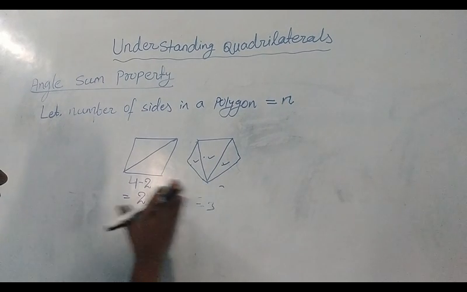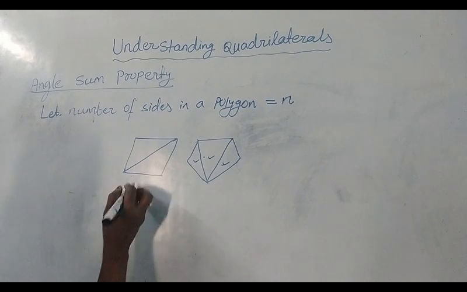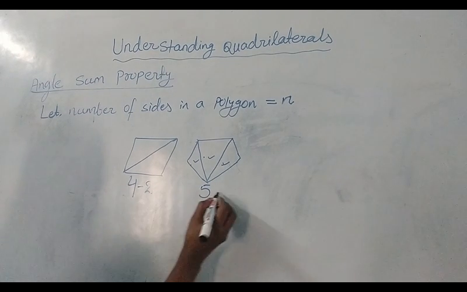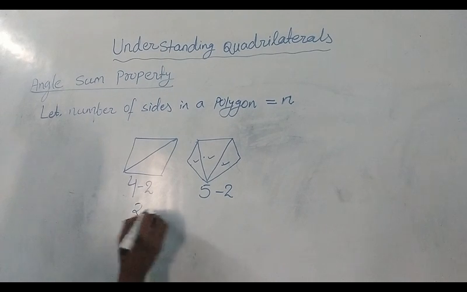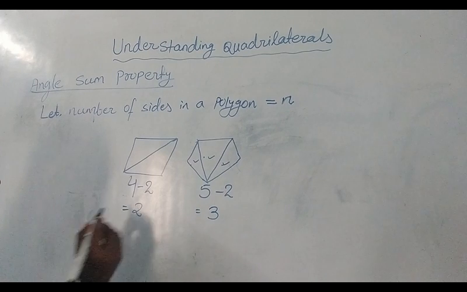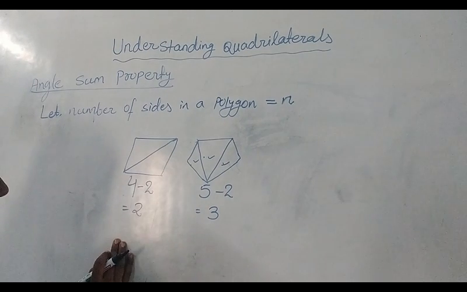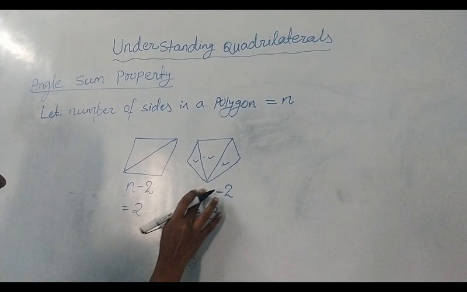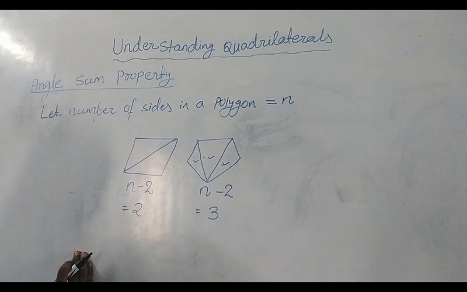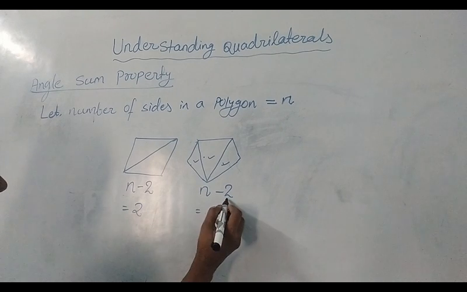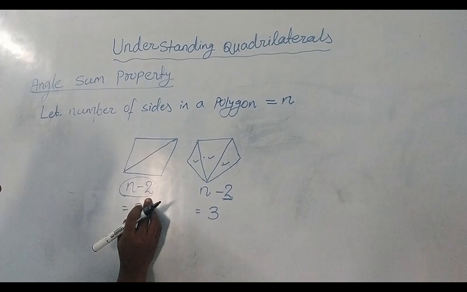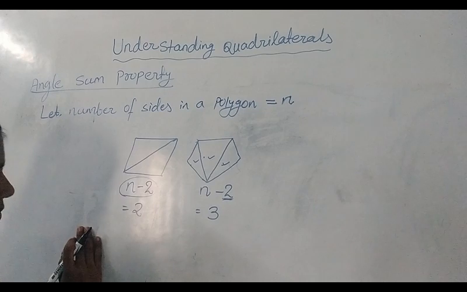So every time the number of sides is given to you, here the number of sides is 4, here the number of sides is 5. When we subtract 2, we get the total number of interior triangles made by us. That means when we take the number of sides as small n, we have a formula by which we can calculate the total number of interior triangles we can create.